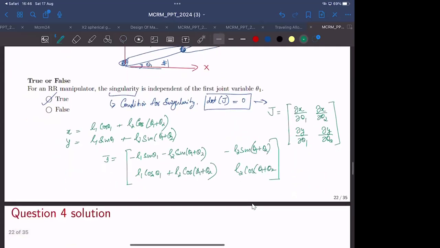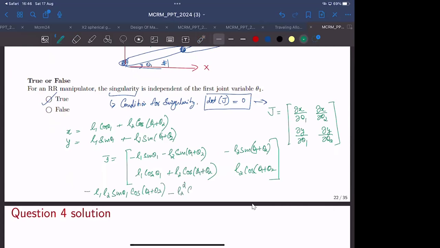And if you take the determinant of this, what will you get? If you cross multiply these two elements, you will get L1 L2 sine theta 1 cos(theta 1 plus theta 2). There is a minus over here.